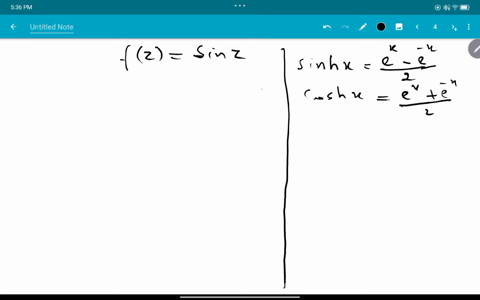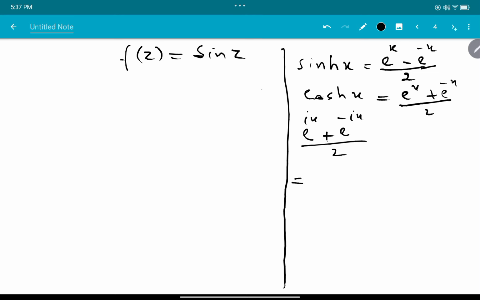Now, we can derive a relation between these and the corresponding trigonometric ratios. Take e raised to ix plus e raised to minus ix, divided by 2.